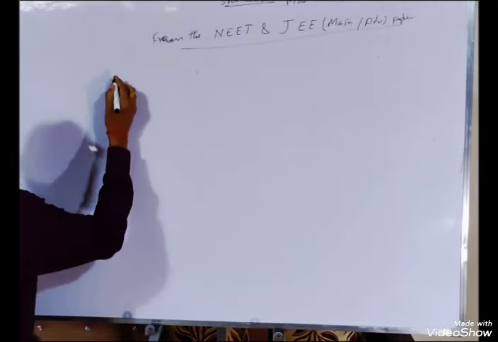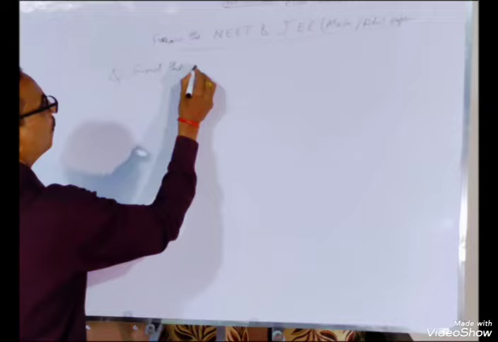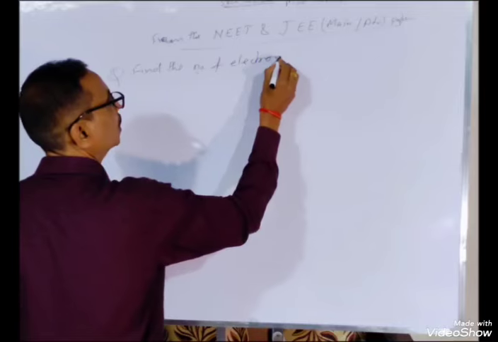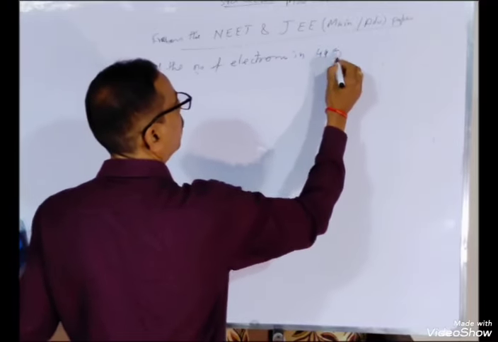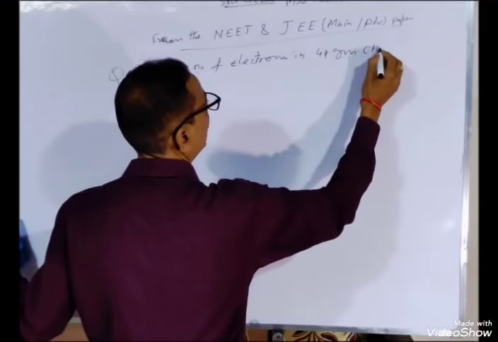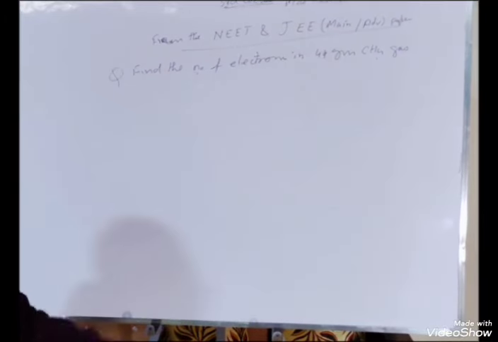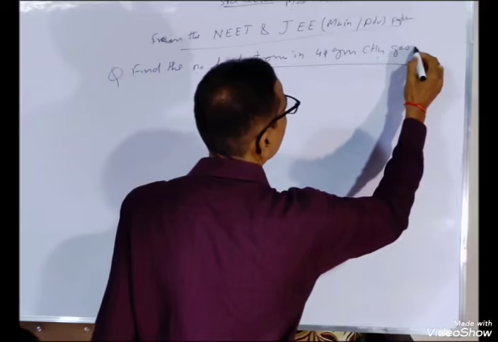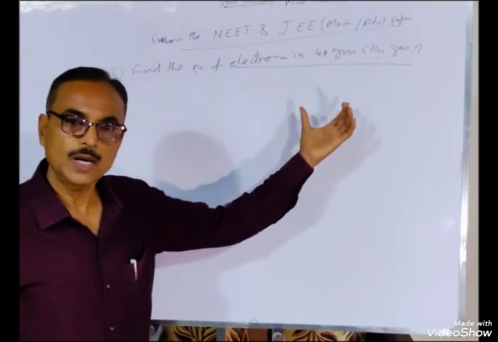Suppose the question is: find the number of electrons in 44 gram methane gas. So how will you calculate?